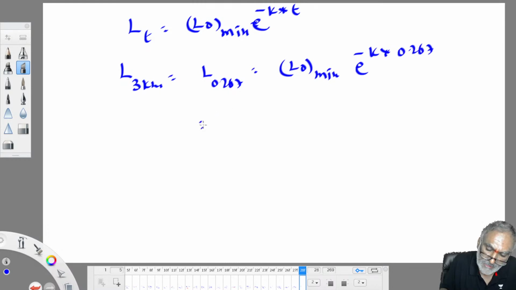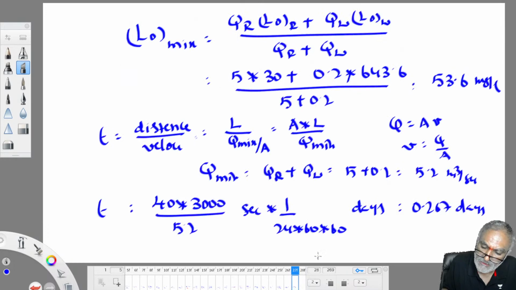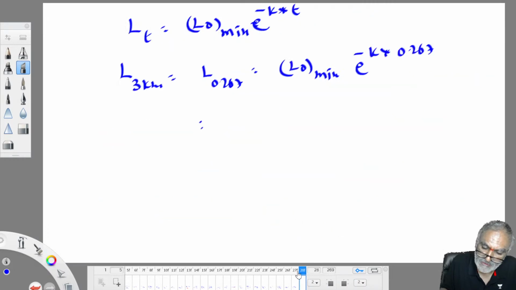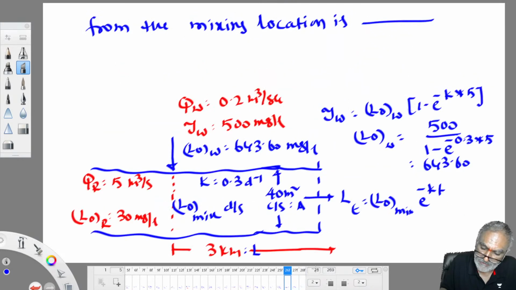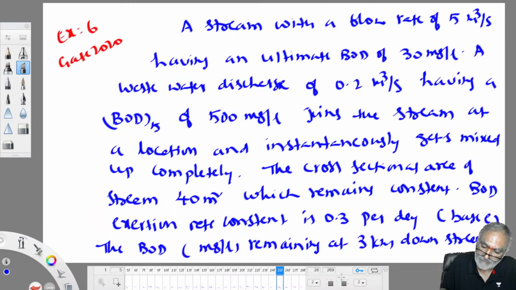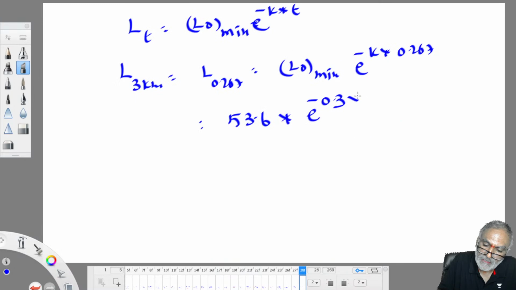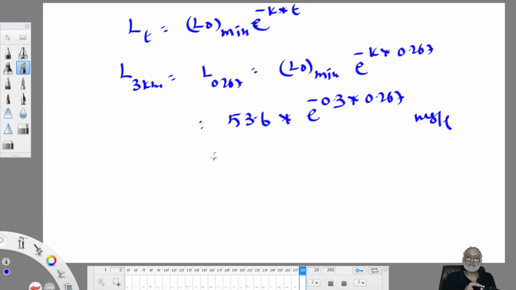Let us substitute. L0 mix is how much we got? 53.6. So 53.6 into e power minus k value given in the question. K value is 0.3 per day, into 0.267. So straight away we will get the answer in milligram per liter.